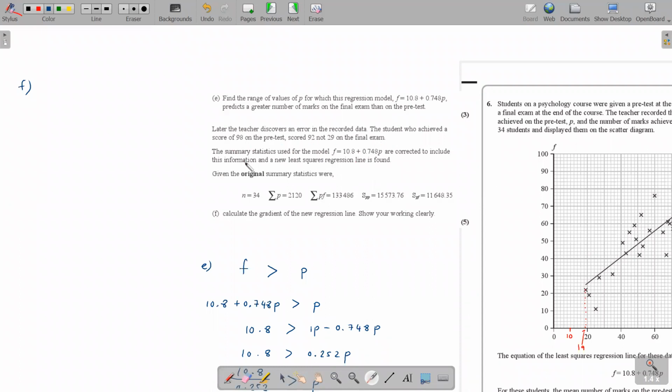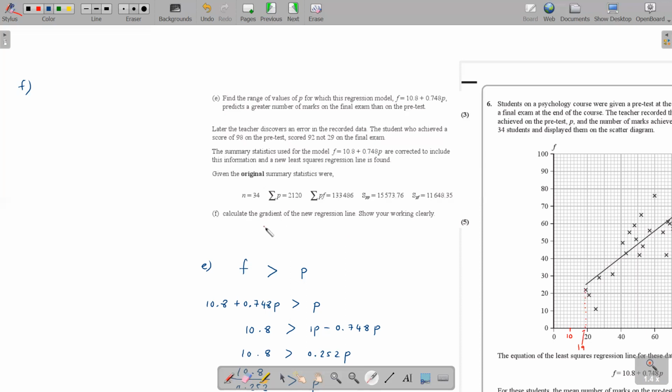So the summary statistics used for the model F equal 10.8 plus 0.748 P are corrected. So they are correcting this now. The data is corrected, and a new least square regression line is found. Given the original summary statistics, calculate the gradient of the new regression line. Show your working clearly.